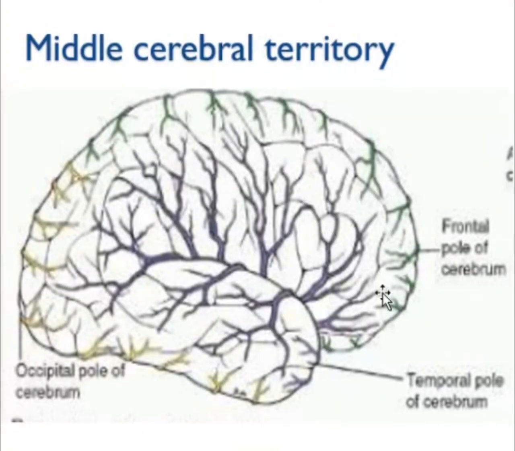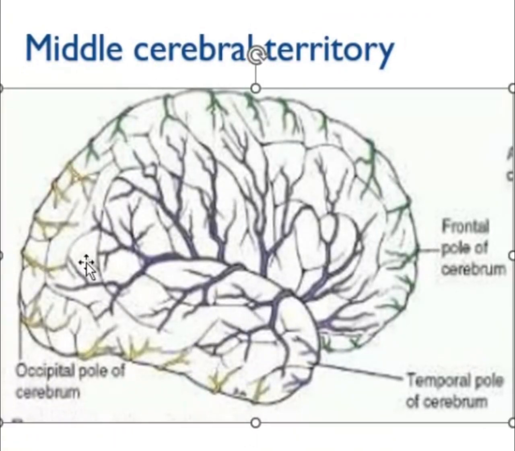We have the prefrontal cortex, which you can see is supplied by these spillover branches of the anterior cerebral artery. We have the motor areas here supplied by the middle cerebral artery. We have these auditory areas supplied by the middle cerebral artery. We have the visual areas supplied by the posterior cerebral arteries.